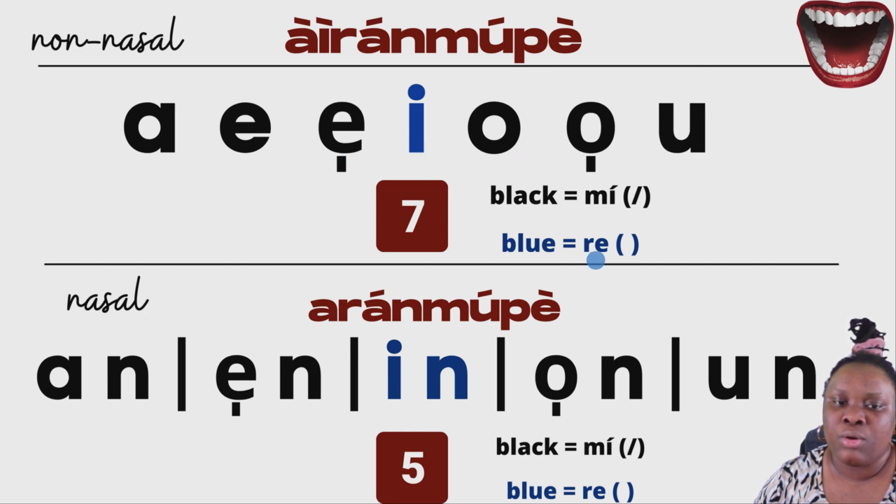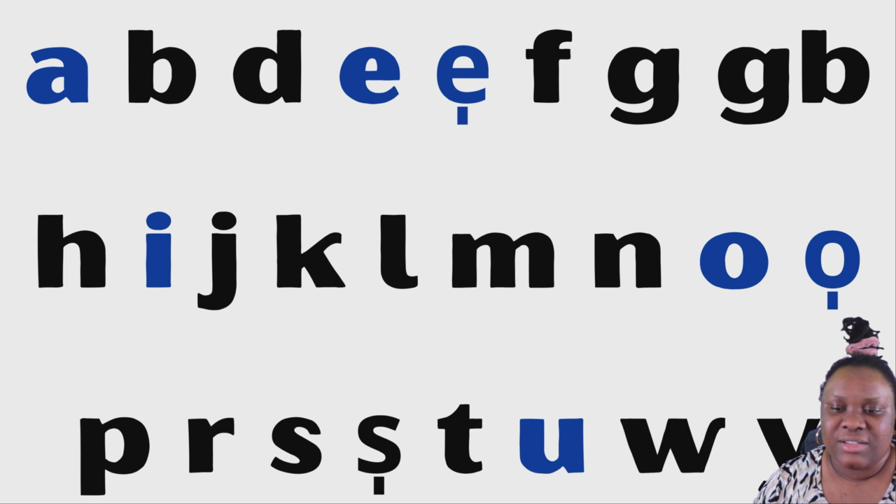The àránmúpè next, 5 of them, nasal: an, ẹn, in, ọn, un. Non-nasal 7, nasal 5. So let's do another pronunciation exercise, and then we can call it a day.